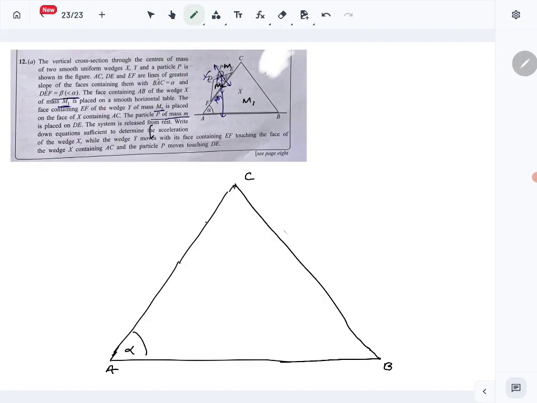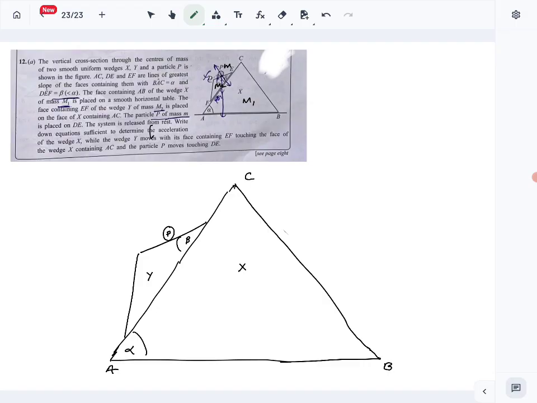Then we'll draw wedge Y, and this angle is given to be beta, and beta is less than alpha. There's particle P. This one is X, this one is Y, this one is particle P. Okay, everything is marked.